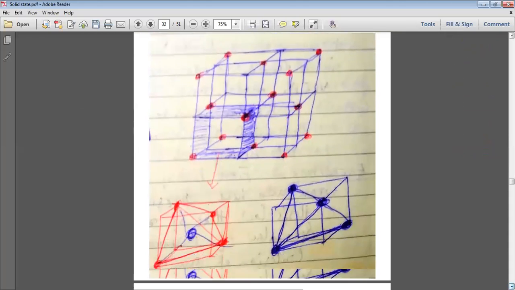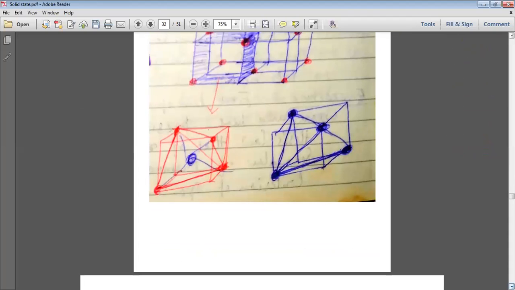You can understand it this way. This is your tetrahedral void. Suppose in this region we have a tetrahedral void.